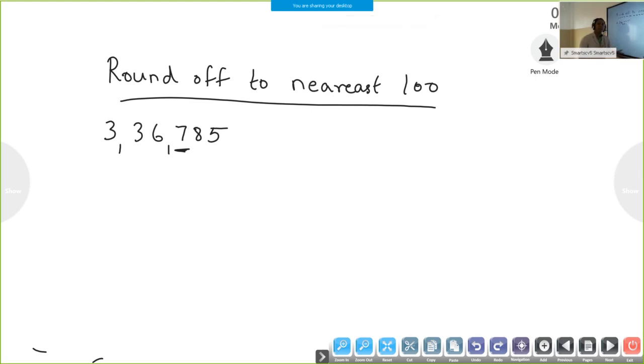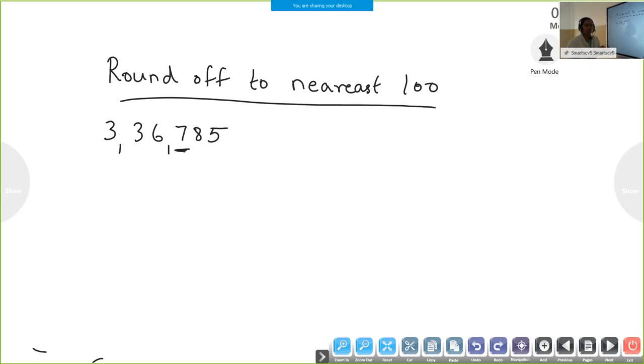You underline that digit so that there will be no confusion when writing the answer. Is that clear? So underline the digit in the hundreds place. Then the next step is, once you identify the digit in the hundreds place, find the digit just to the right of the hundreds place. In the other case, we needed to round off to the tens place, so we went for the ones place, because the ones place is just right of the tens place.